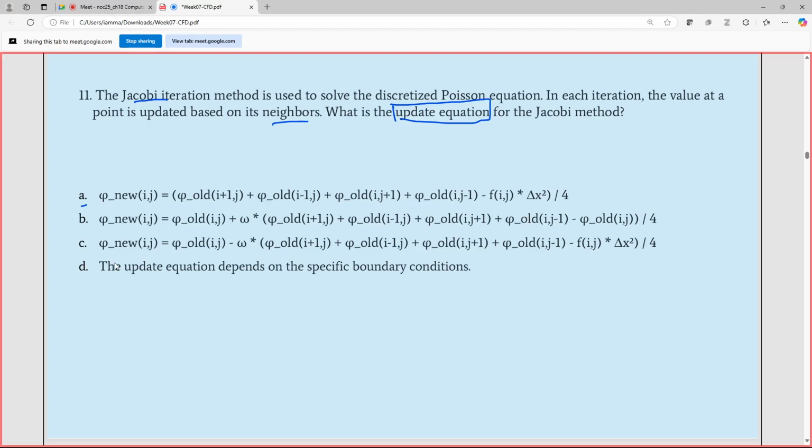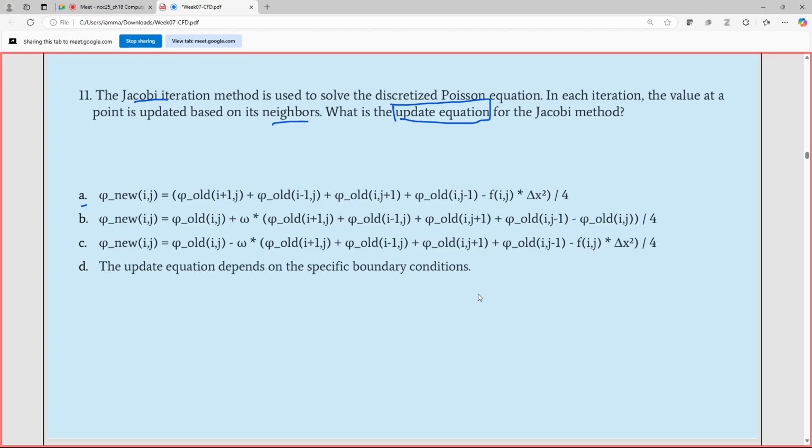Option C: phi I j new is equal to phi I j old minus omega times phi I plus 1 j old plus phi I minus 1 j old plus phi I j plus 1 old plus phi I j minus 1 old minus f of I j into delta x square, the whole divided by 4. Option D: the update equation depends on specific boundary conditions.